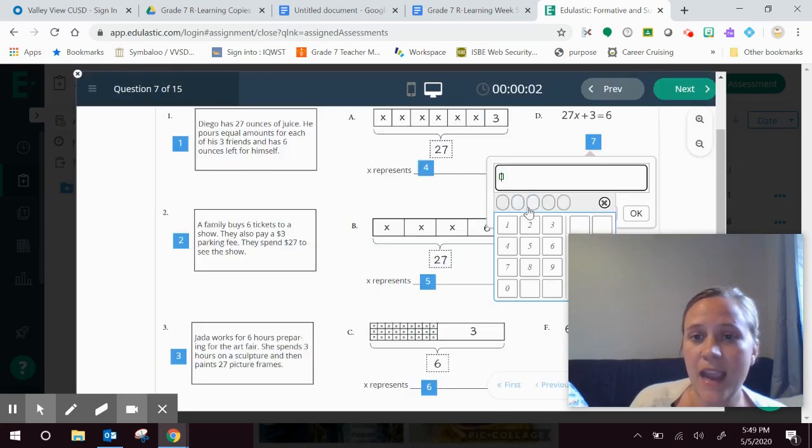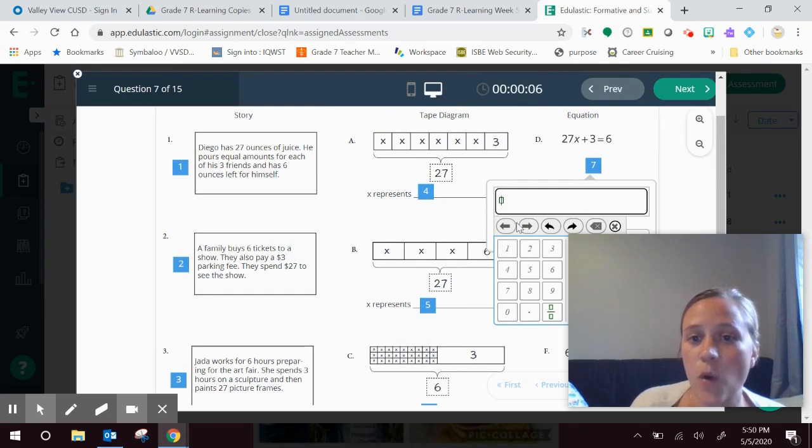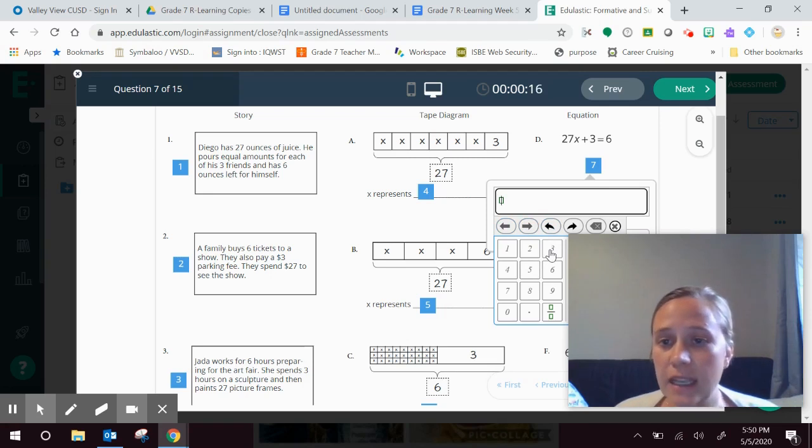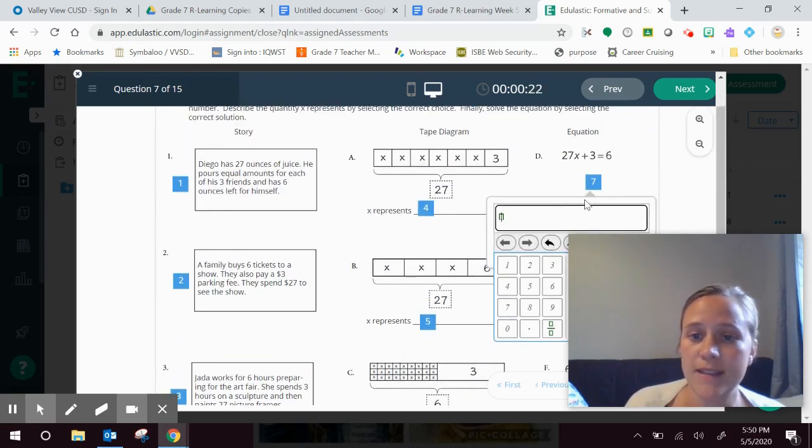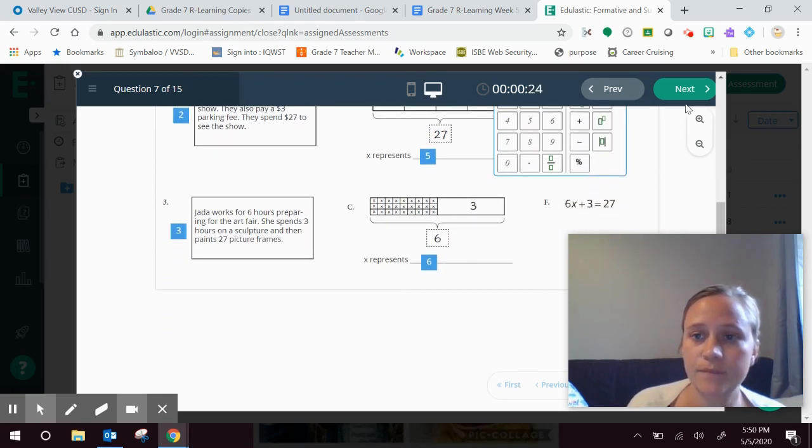Then for 7, 8, and 9, you're actually going to be solving for X. You'll use this little typewriter or calculator thing right here to type in what X actually equals by solving the problem. So you do that for 7, 8, and 9.